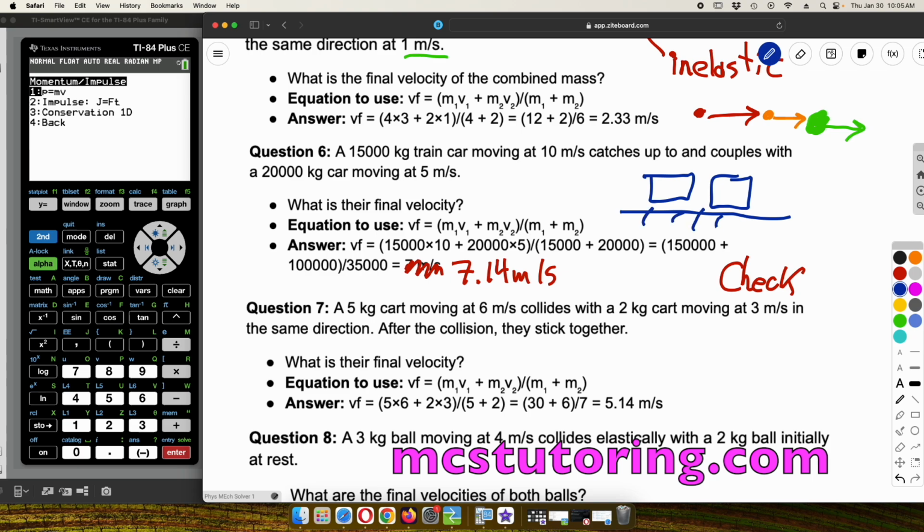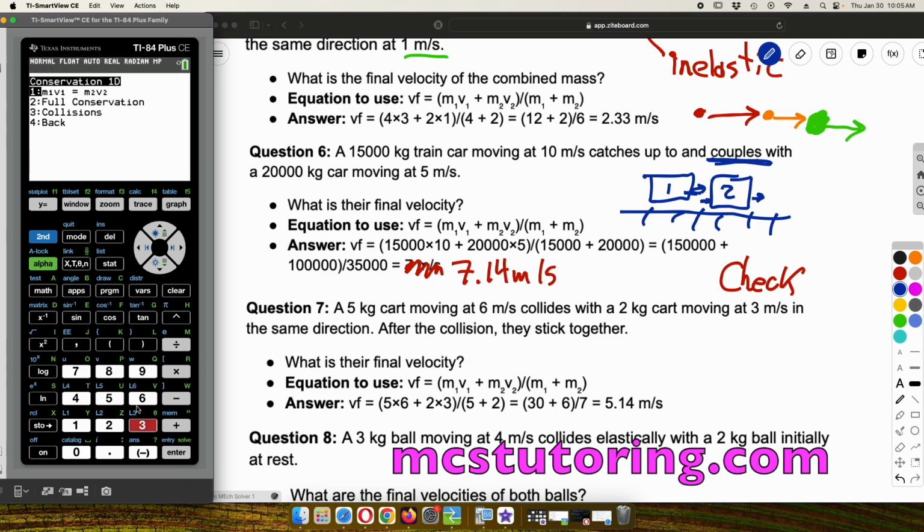Here's some train tracks, right? And they're moving in the same direction. I'll call this 1 and this 2. 1 is moving faster, so it's going to couple. What does that mean? It means it sticks. That means it's an inelastic collision. So it's inelastic if it sticks, right?